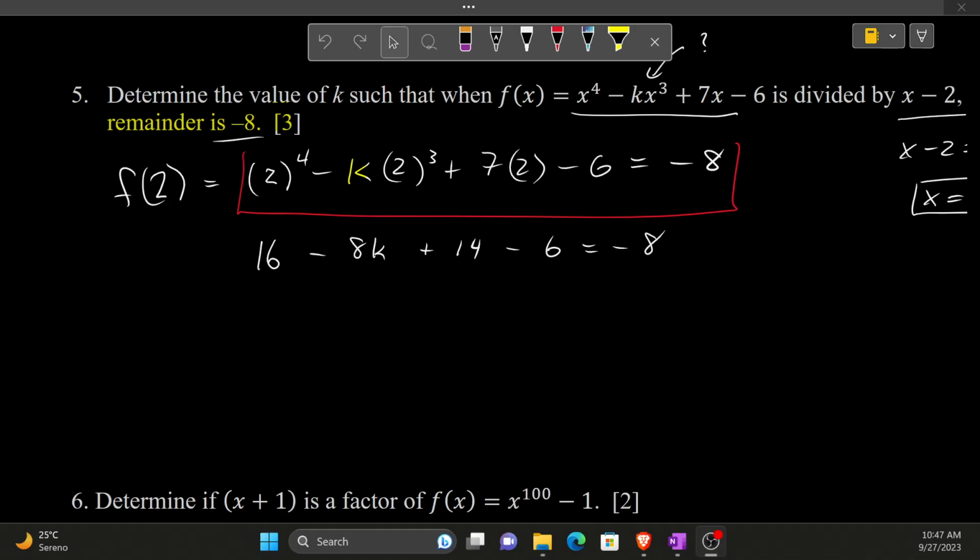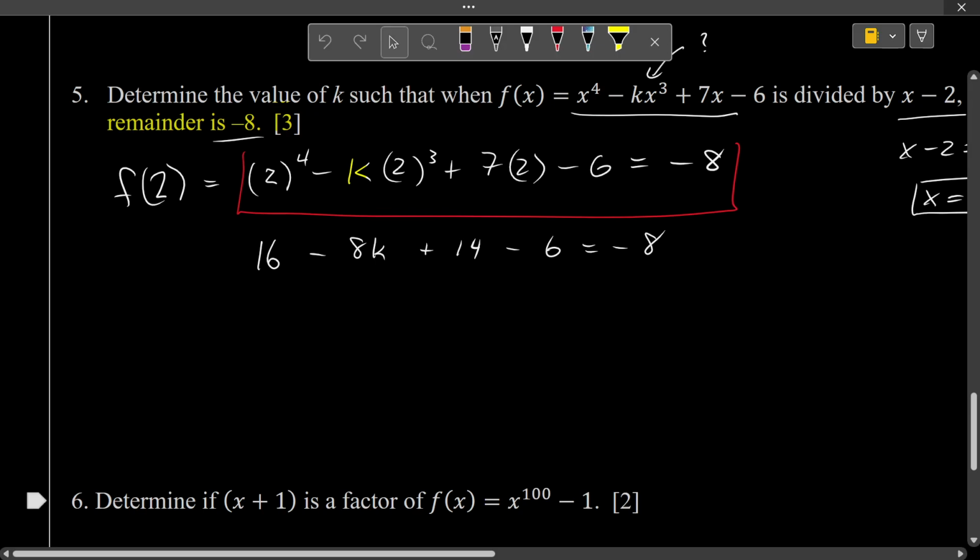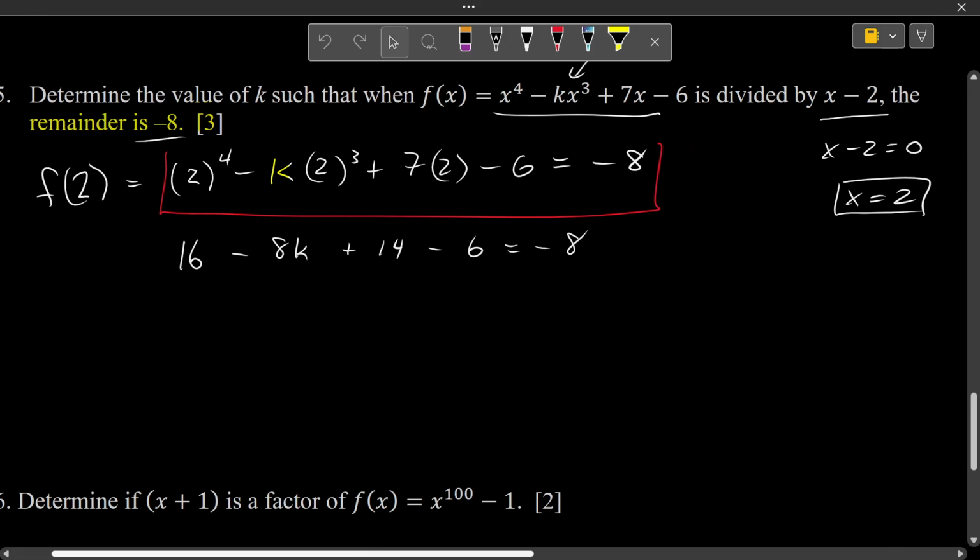Due to the remainder theorem, because the factor is x minus 2, the root will be plus 2, and that is where we need to be evaluating this thing.